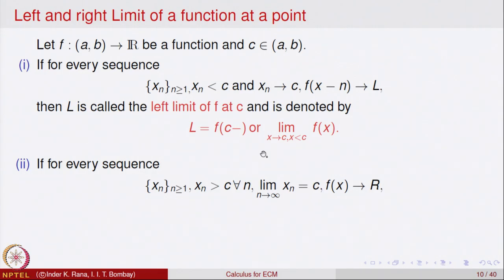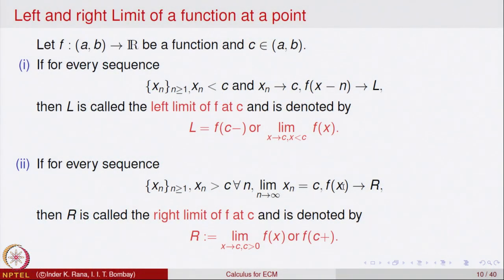And similarly, from the right, if x_n is a sequence with x_n bigger than C and x_n converges to C implies f of x_n, again this should be f of x_n, converges to R, then you say that the right limit exists. So, we are saying that as you approach the point from the left or from the right, if the limit exists, then one is called the left limit and the other is called the right limit.